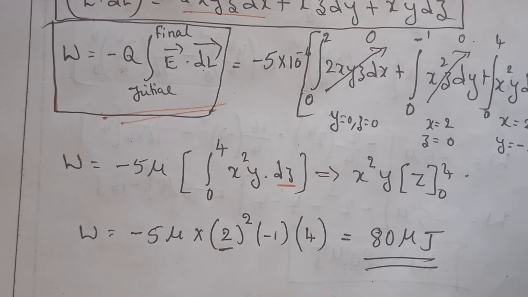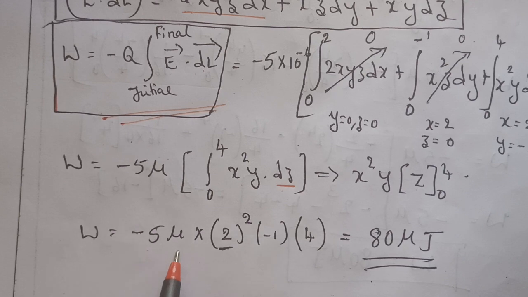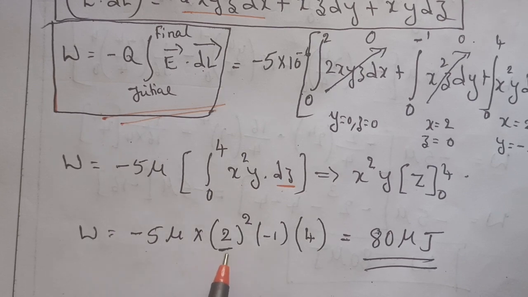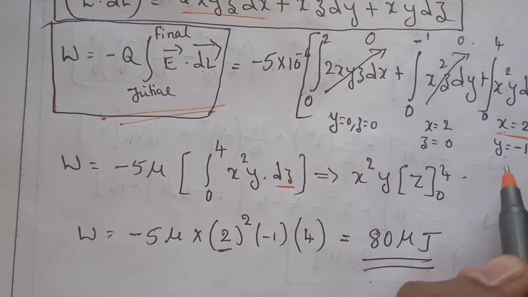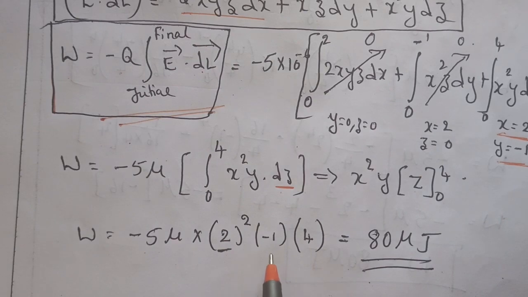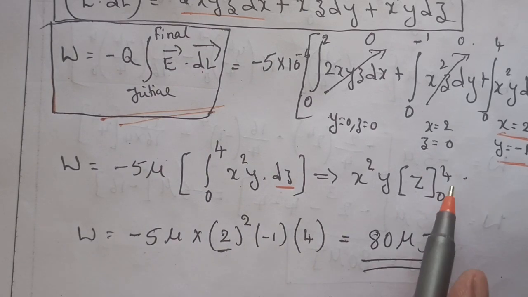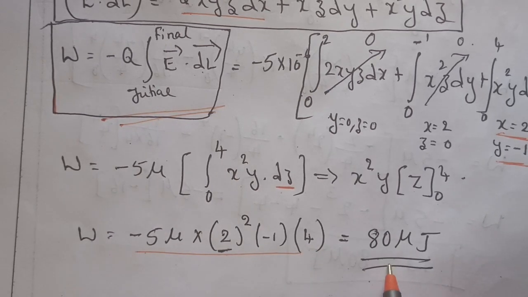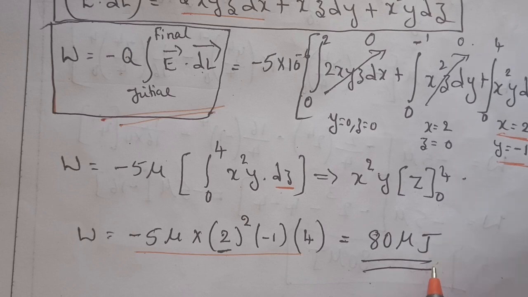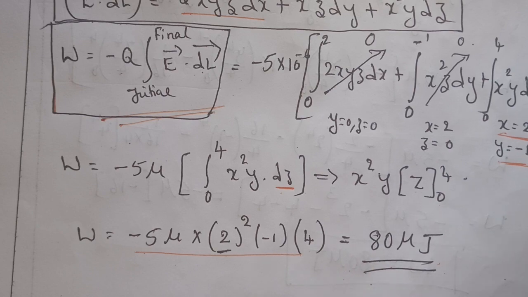Substituting for x, y and z, x is 2 in this region and y is minus 1. With the upper limit minus the lower limit, 4 minus 0 is 4. If you simplify this, you get the answer as 80 microjoules. This is for the first sub question, that is, a straight line from the origin to the point (2, -1, 4).